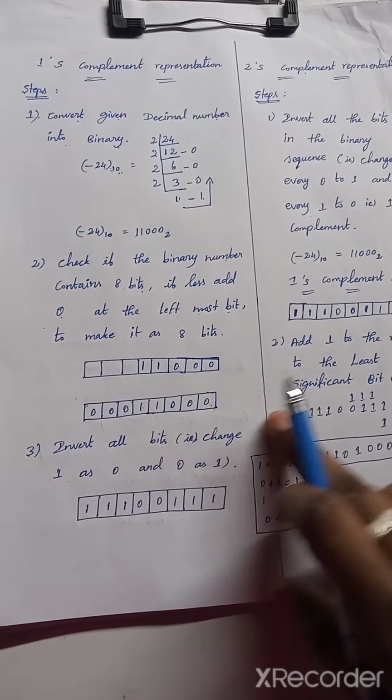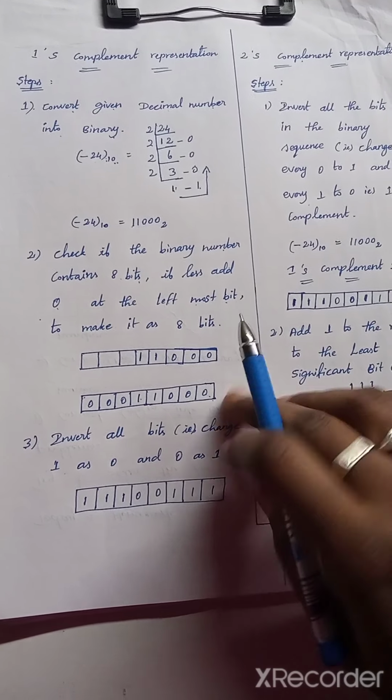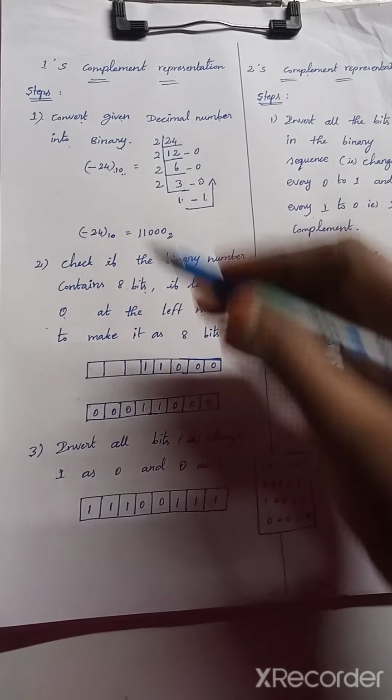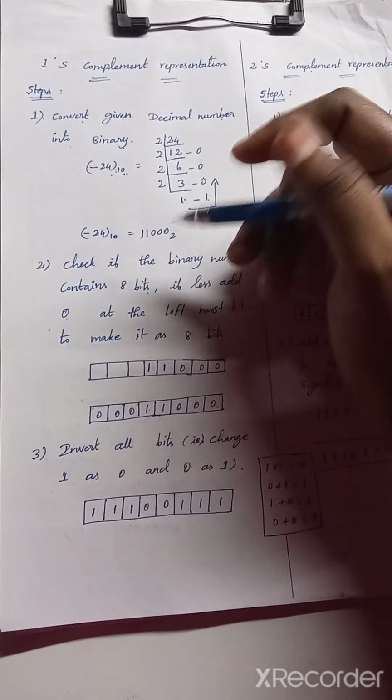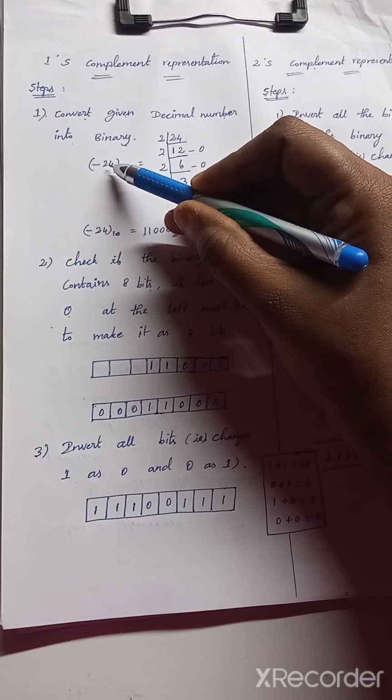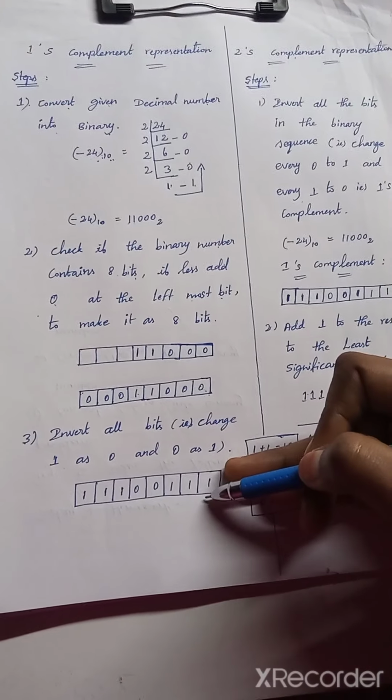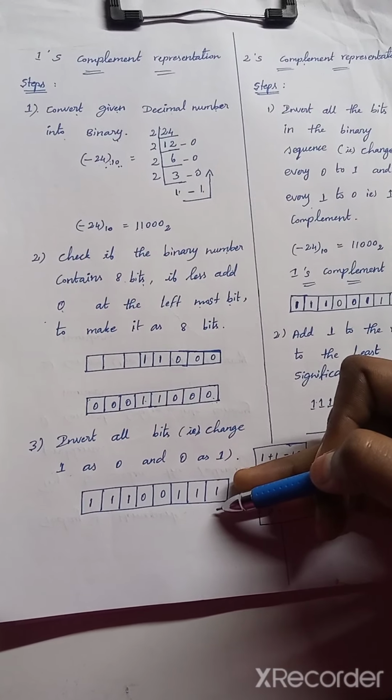In this second step we stop. This is the 1's complement of plus 24, but here we are taking the example as minus 24, so we do the third step to get the 1's complement representation.